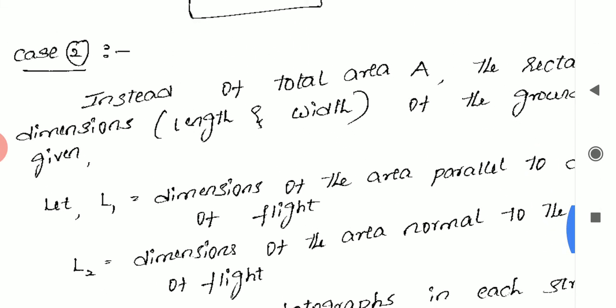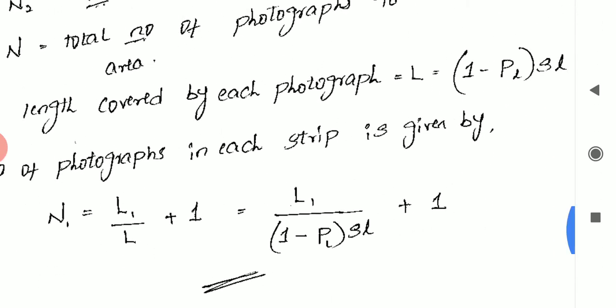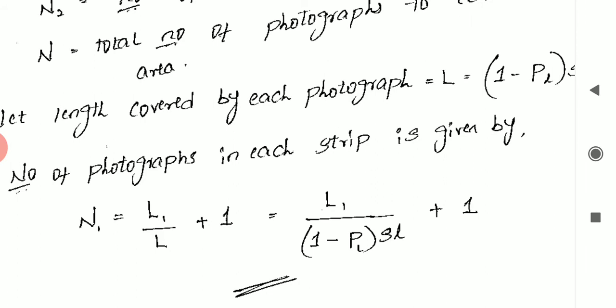Next, the second case. In this second case, the formula is like this, and I will explain each one. Instead of the total area A, the rectangular dimensions, length and width, of the ground are given.